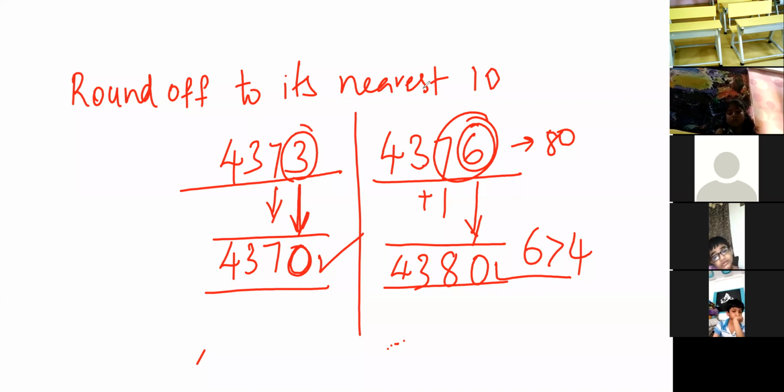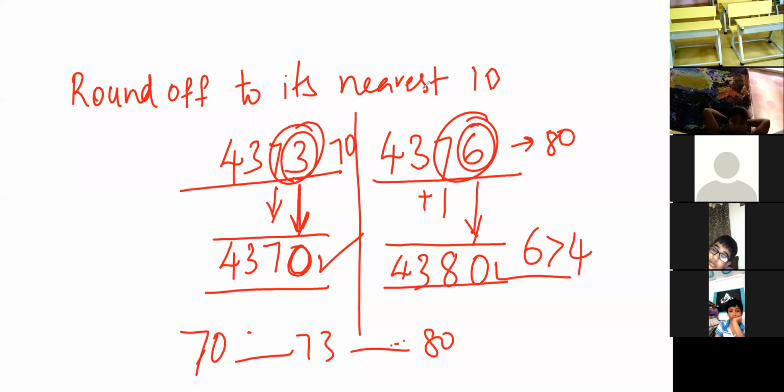Here 73 is closer to what? 70 but not 80. 73 lies between what two tens? 70 and 80, right? But which one is closer to it?